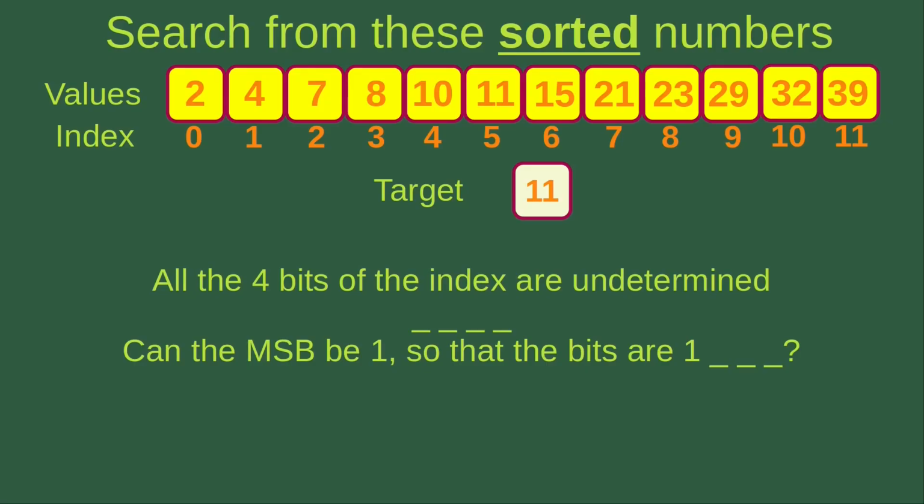Now, we want to find out the bits corresponding to the target index. In the first step, we have to say that all the 4 bits of the index are undetermined. That's why I have 4 spaces. The first question is like this. Can the MSB be 1 so that the bits will start with 1 and the other 3 bits are undetermined?